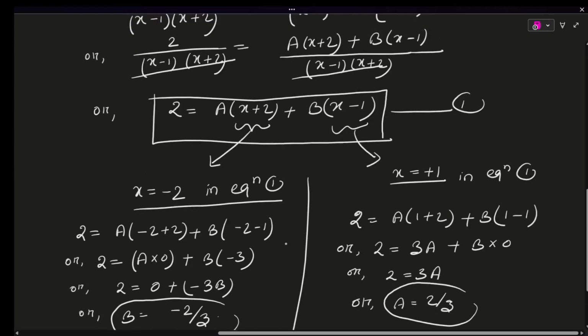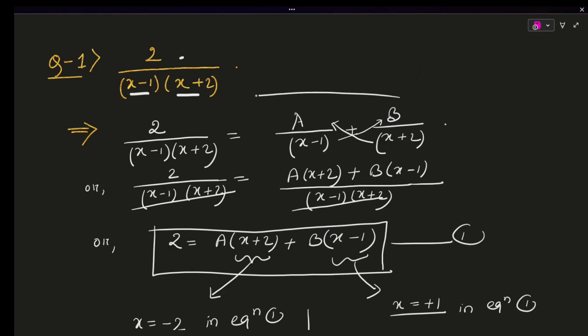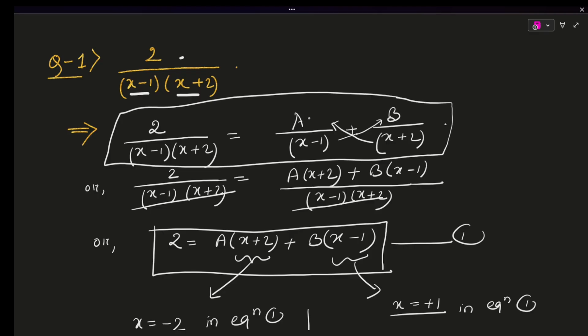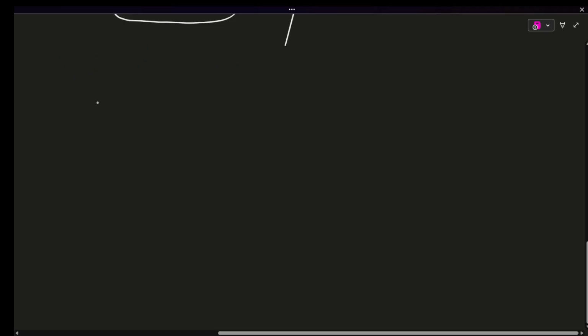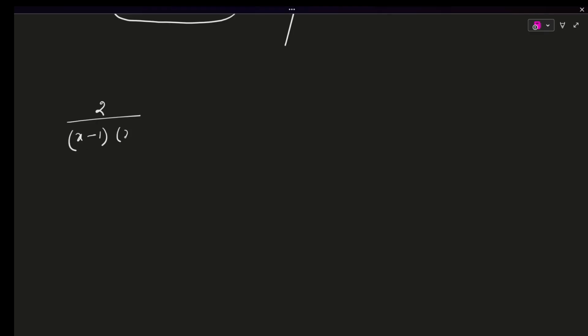So what was our equation? So this was our main equation. Now just put the values of A and B in this equation. So the equation was 2 by (x minus 1)(x plus 2) equals A by x minus 1 plus B by x plus 2.